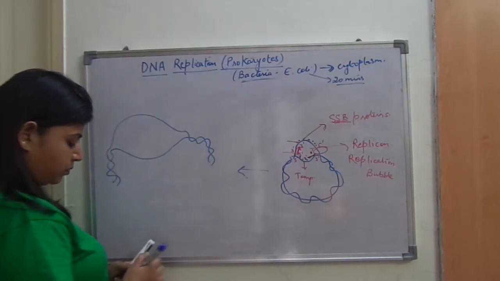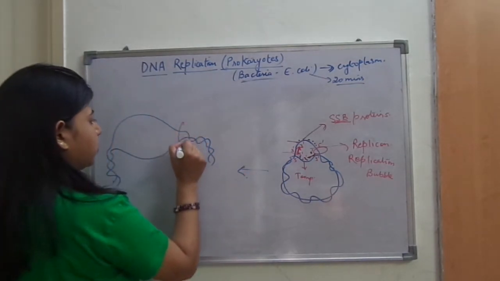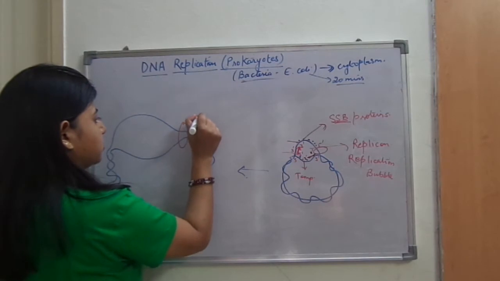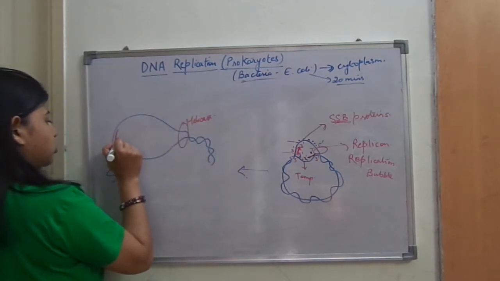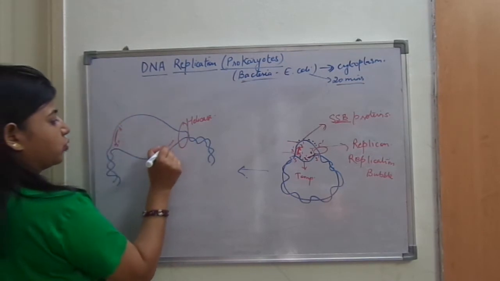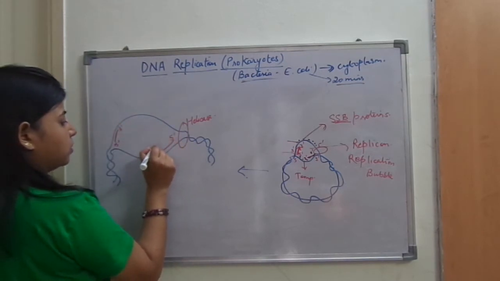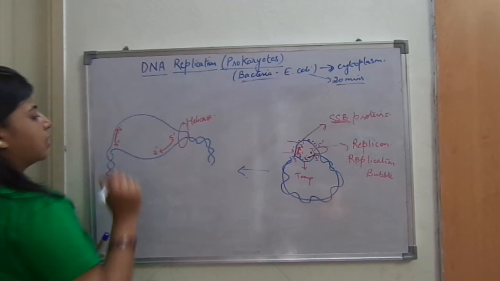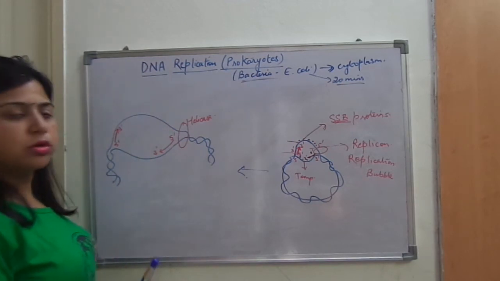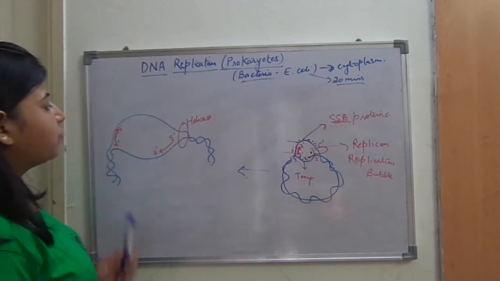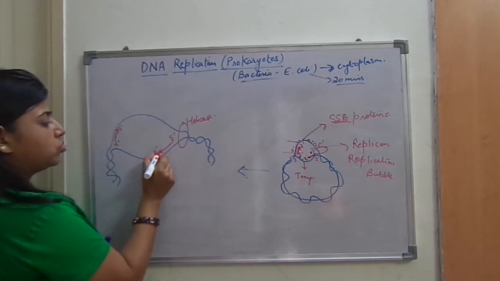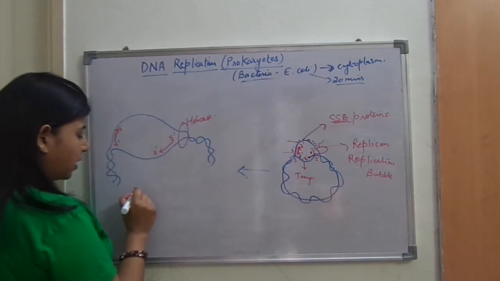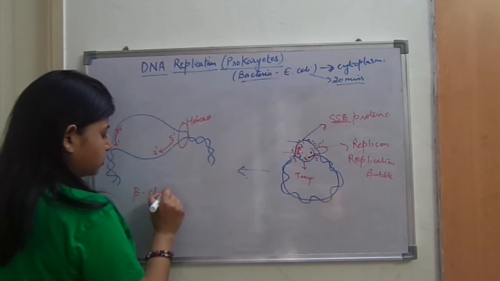Arrow, and here your helicase is present. And one primer has been attached over here. This is 5' to 3' direction, and one is attached over here. You can make an arrow to indicate the position of DNA synthesis. After attachment to this 3' end, a beta clamp is attached.